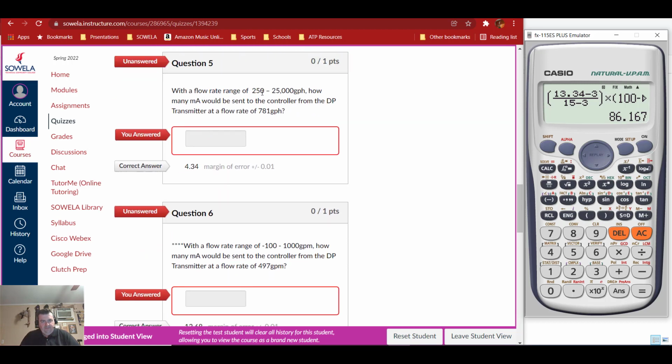With a flow rate of 250 to 25,000 gallons per hour, how many milliamps? We're back to milliamps.